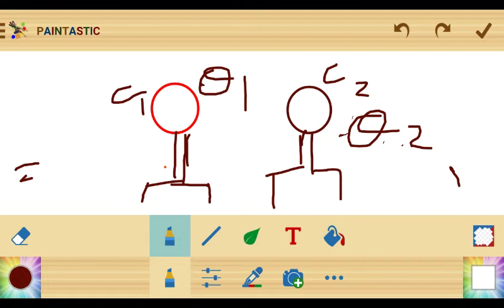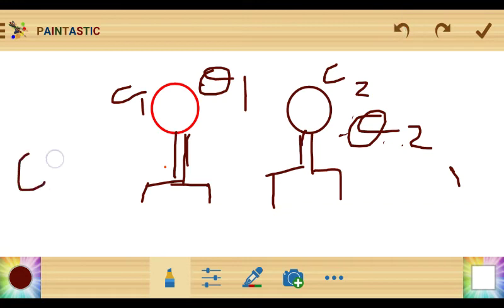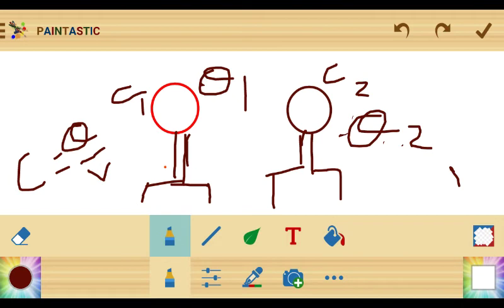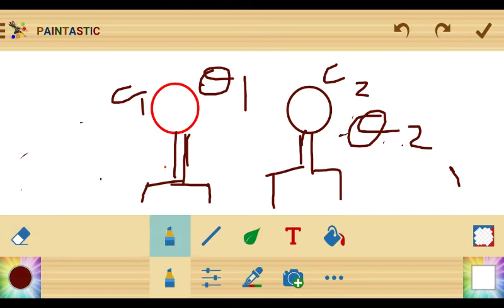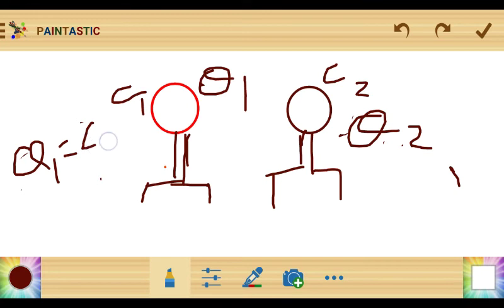We know the formula C is equal to Q upon V. From this, for the first conductor, V1 is equal to Q1 upon C1, or simply the charge will be Q1 is equal to C1 V1.